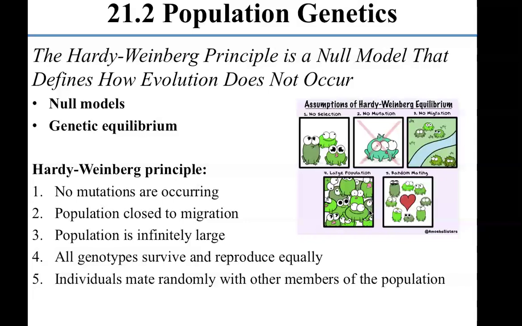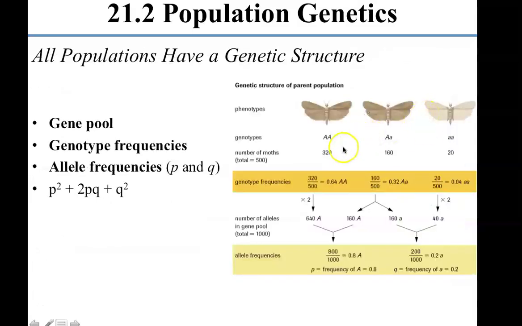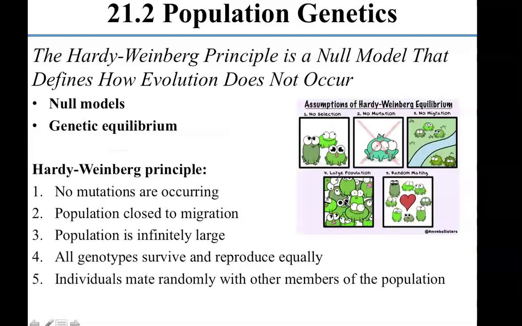So for a population not to evolve, random mating has to occur. The population would evolve if being homozygous dominant gives you an advantage in gaining more mates and having more offspring than being homozygous recessive, for example. All right, I don't know if that made sense, but that was the overview. And again, in part two, we're going to come back and talk about each of these in more detail.